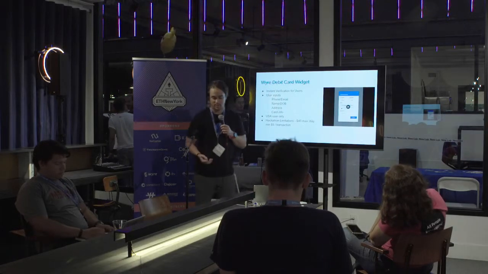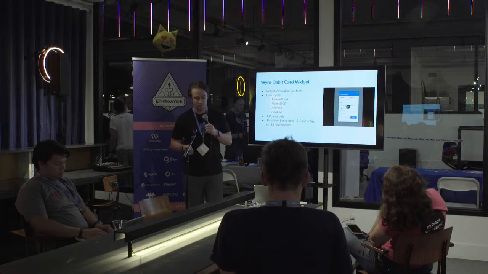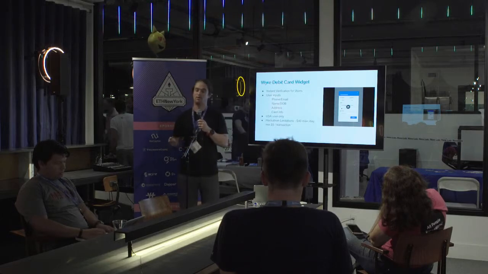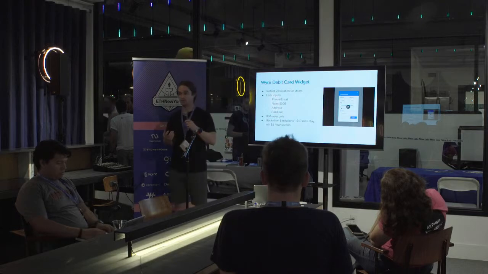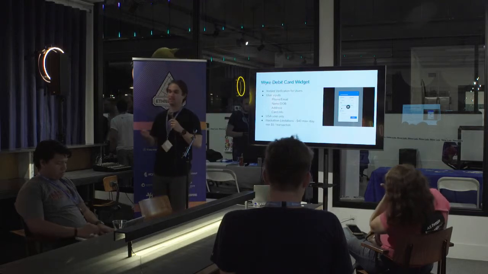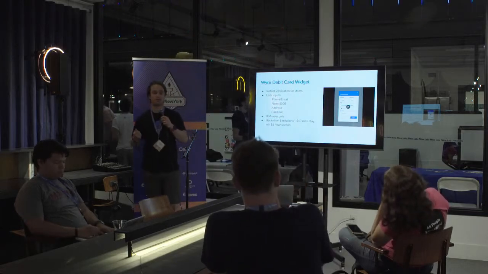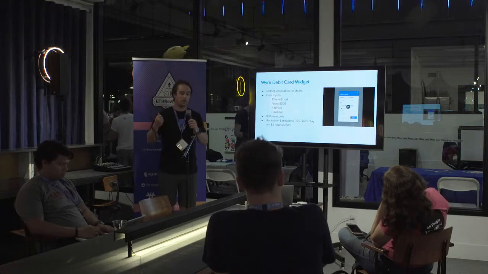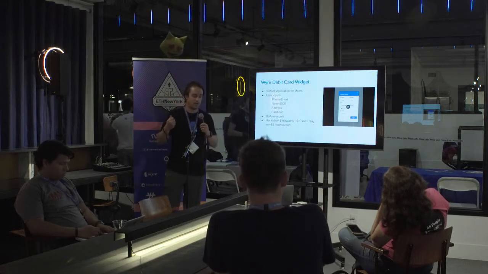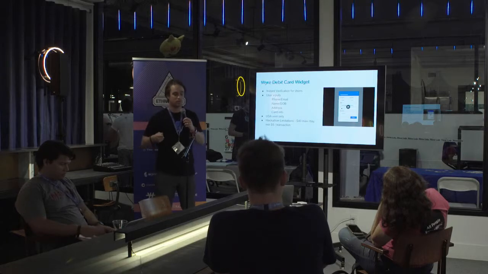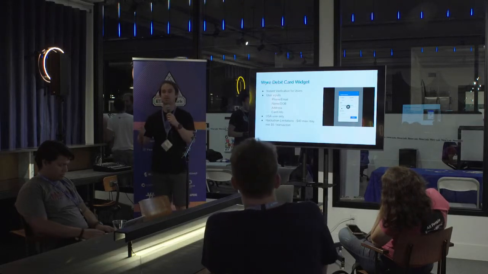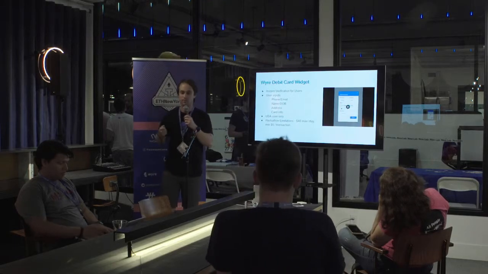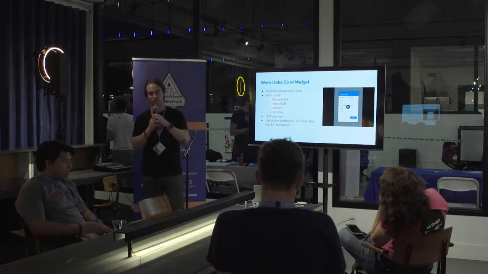What I want to focus on here today is the widget. If you are integrating Wyre into your application, the fastest and quickest way to go from fiat to crypto, or from zero to CryptoKitties, NFT tokens, or ERC20 tokens, is through the debit card feature on the widget.